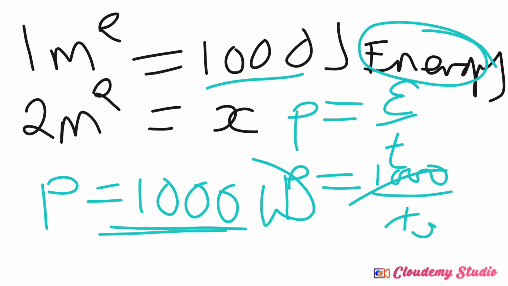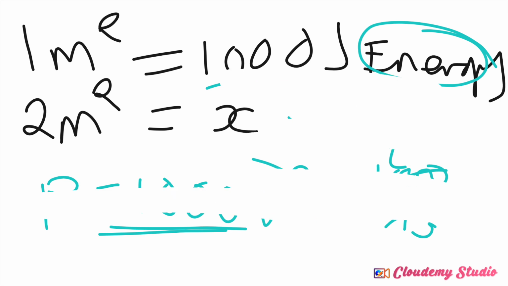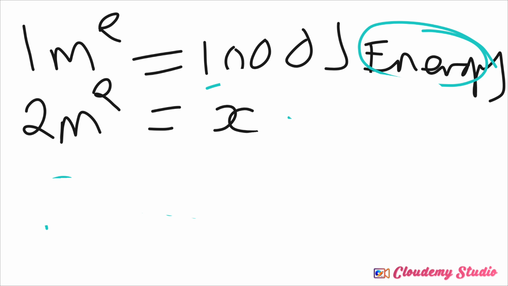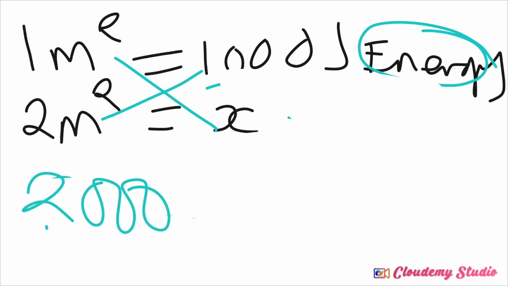They ask now, this power, when the surface area is 2. It is simple to use what I already placed here, where you just use variation to cross multiply, and we get 2000, which is our x.